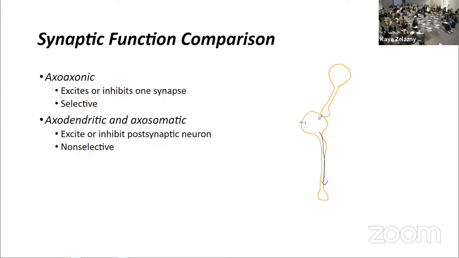And if we have multiple axon terminals, like spread them out, sorry, I only drew one, it's now going to have an effect on all of those axon terminals because we just have that one axon coming up. So we go here, go here, go here. So this is not one synapse, it's affecting all of the synapses from that neuron.